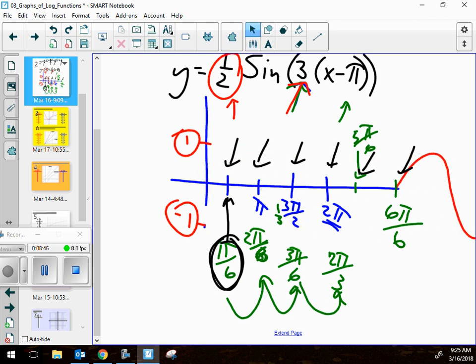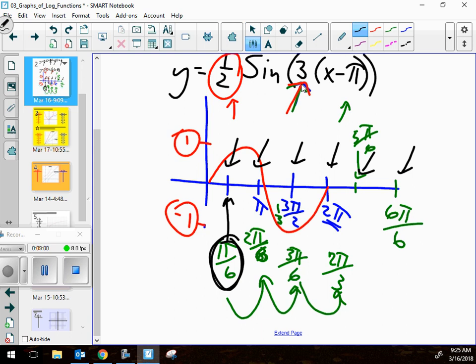There we go. Now, if you want to, you could extend this graph and then see, where does 6 pi over 6 kick in? That was right here.